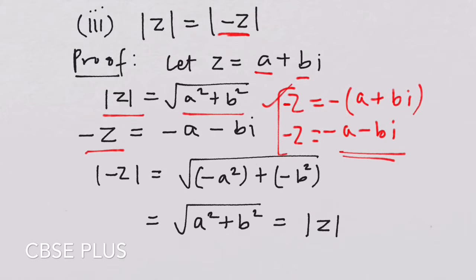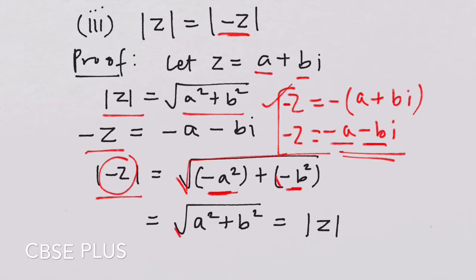So minus z is minus a minus b iota. So modulus of the negative of z, or the negative of a complex number, is equal to actually the under root of the real part, which is minus a. So we are going to do the square of the real part, plus the imaginary part, which is minus b, the square of the imaginary part.